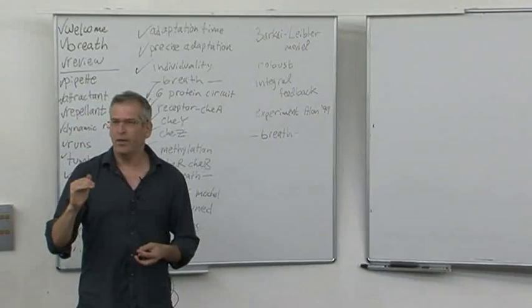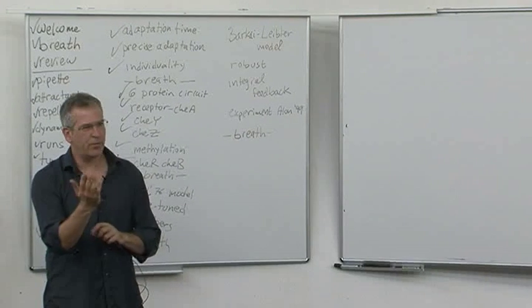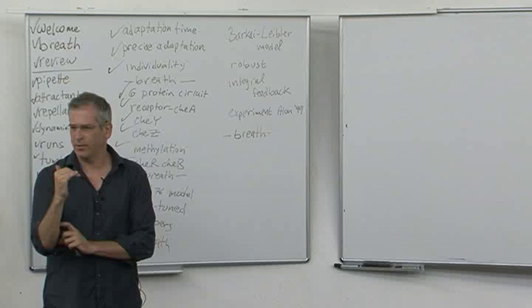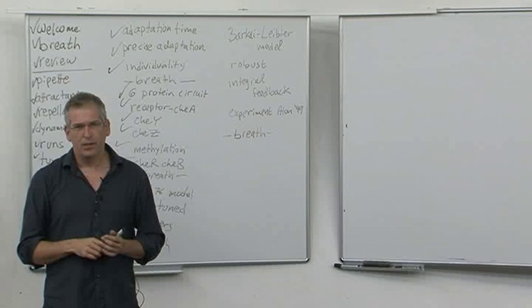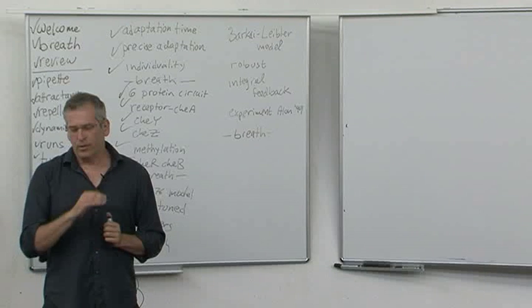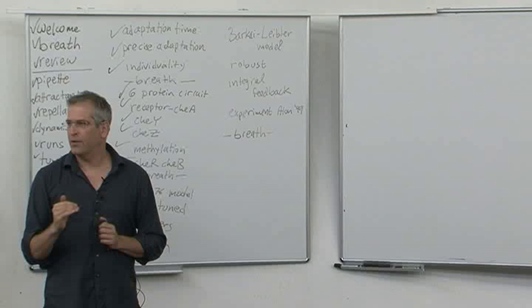Receptor, CheY, CheZ, methylation, CheR, CheB. Mutants in CheR, CheB, by the way, the receptor is made with about halfway methylation, midpoint. That's cool. Without CheR, CheB, there's no addition or removal of methylation. So all you have is the response. When you add attractant, tumbling frequency goes down and stays there.